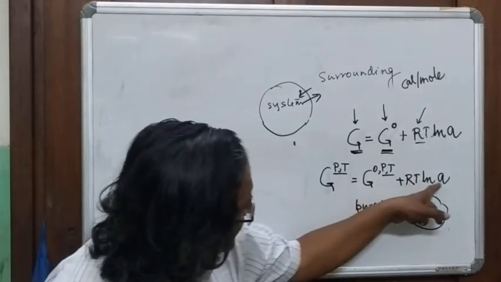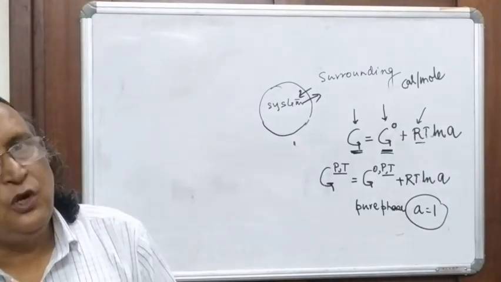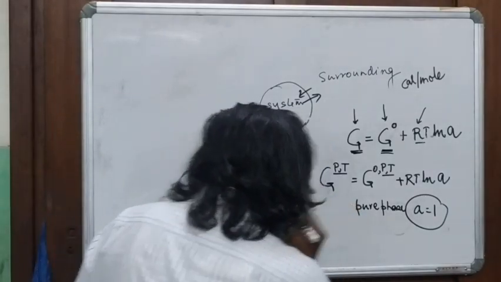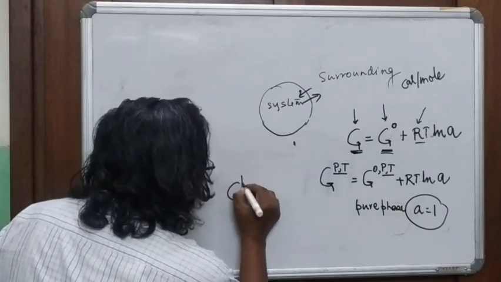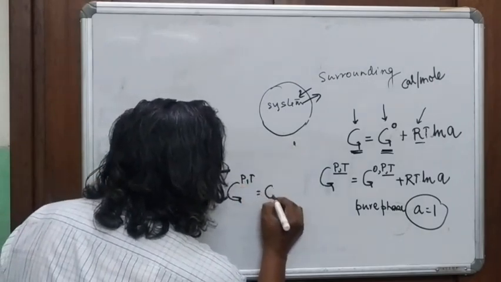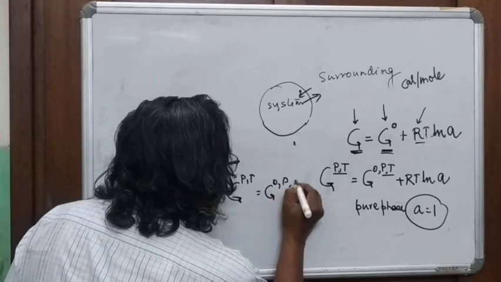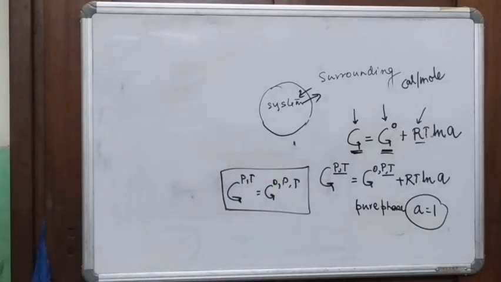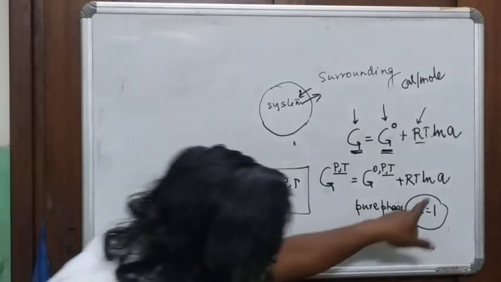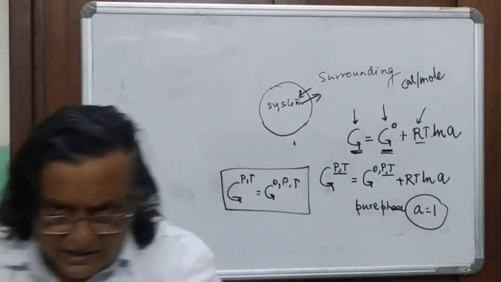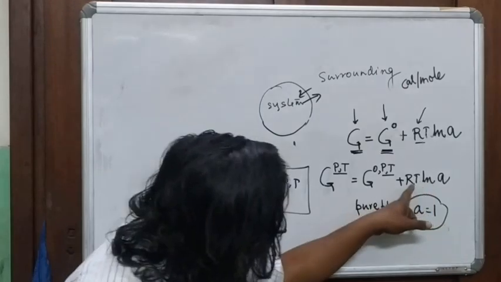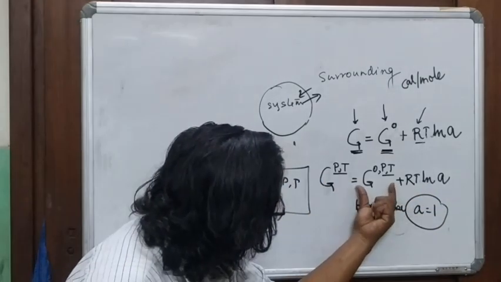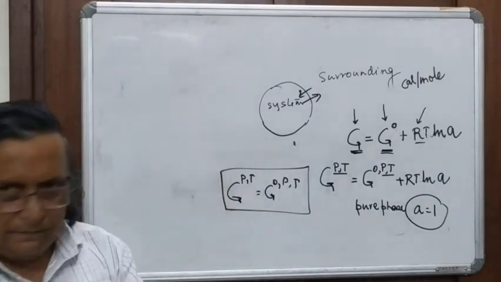So RT ln A becomes 0, and then G at PT is equal to G0 at PT. What is happening? When I make this activity equal to 1, that is of a pure phase, this term becomes 0, and therefore this term becomes equal to this term.